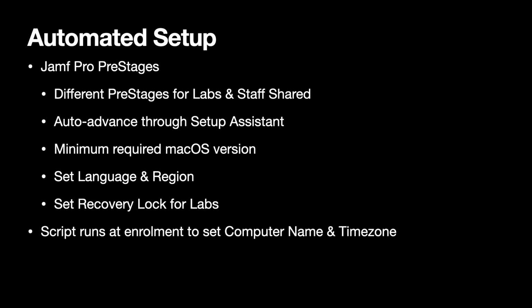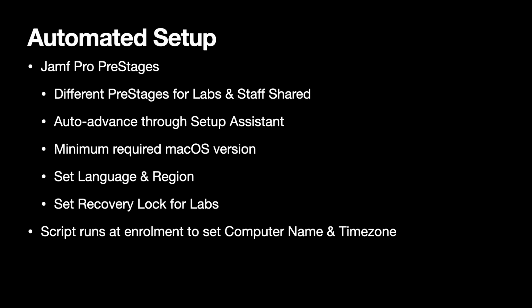where everything else happens after that. We have started to use the minimum OS version, because a lot of Macs tend to come with older versions of the OS out of the box, especially if it's a lab spare or something you've had sitting around for a while. So it's really good that you can now set a minimum OS and the machine will just automatically upgrade at enrollment time to that particular version.